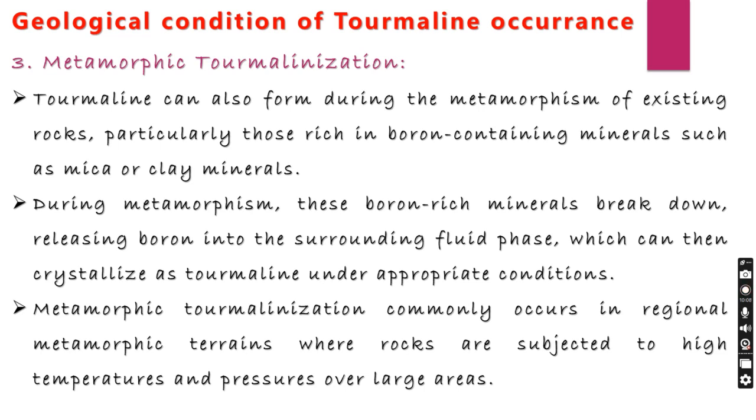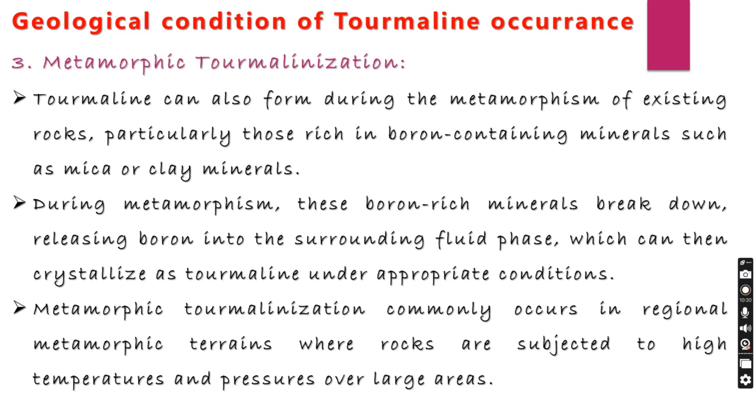So metamorphic tourmalinization commonly occurs in regional metamorphic terrains where rocks are subjected to high temperature and pressures over large areas. Mostly it is found in upper amphibolite, lower granulite, or sometimes upper greenschist facies metamorphic conditions.